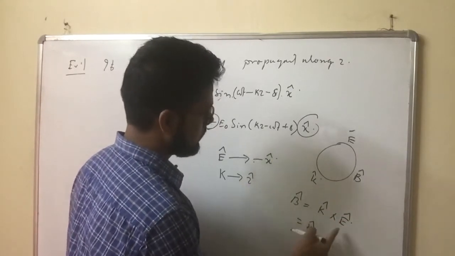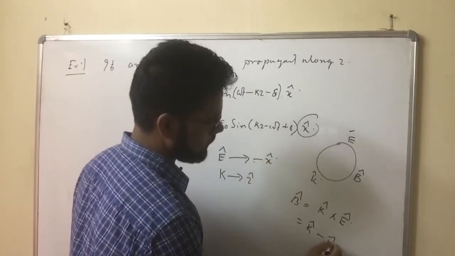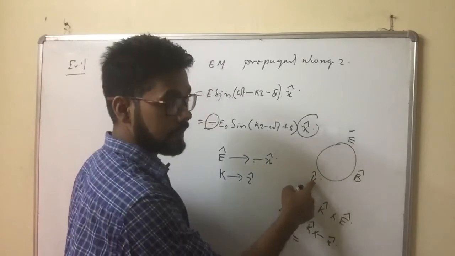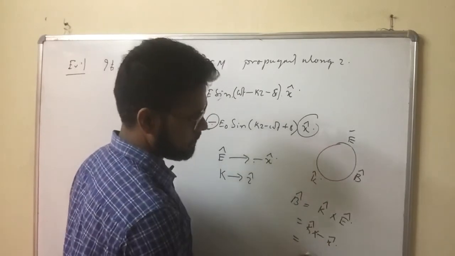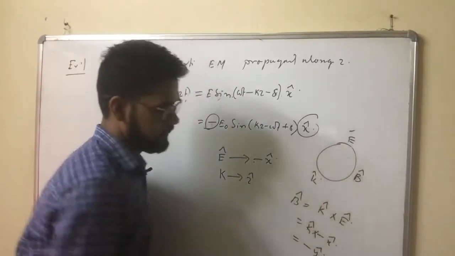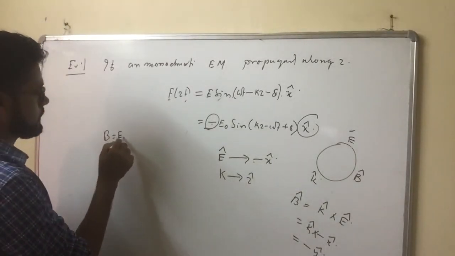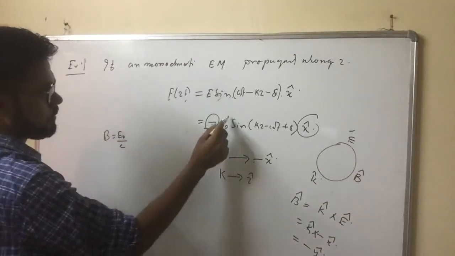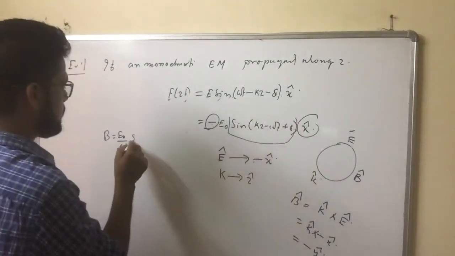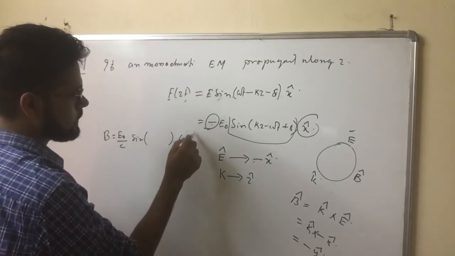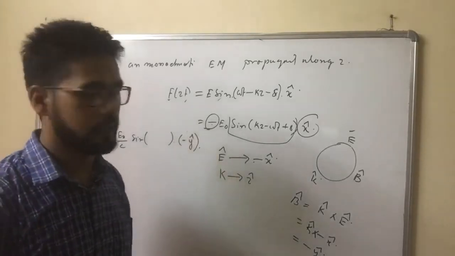E cap means the electric field direction, minus x cap, equal to k z cap cross minus x cap, which gives minus y cap. So the magnetic field will be B equal to E naught by C. This term will remain the same. This is the sine term. This will remain the same. This is equal to minus 1. This is the correct answer. You have to do it this way.